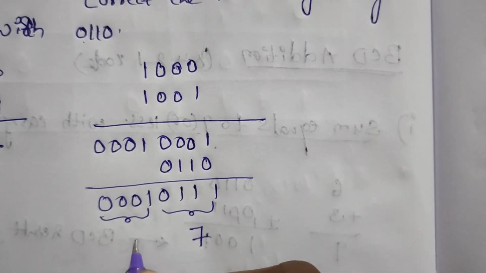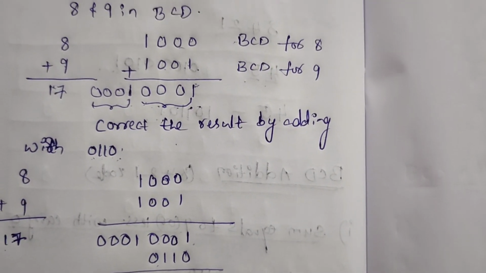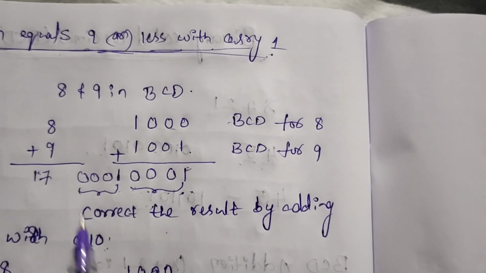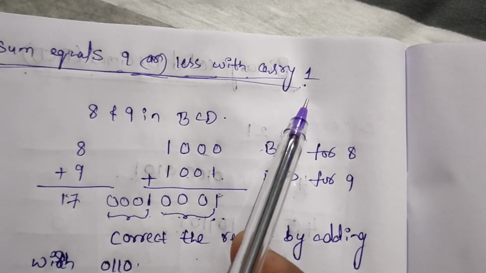This is 1 and this is 7, which equals 17. So it is to be corrected by adding 6 when the sum is 9 or less but with a carry. So this is the third case.